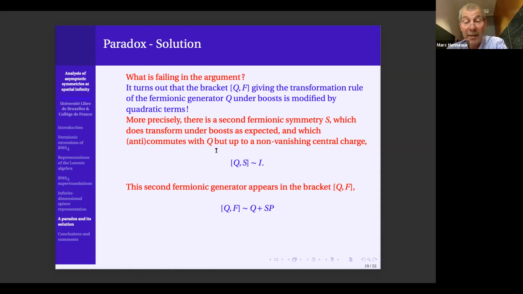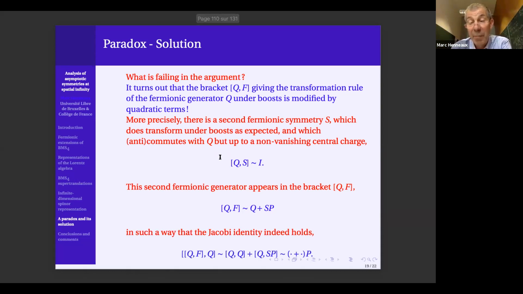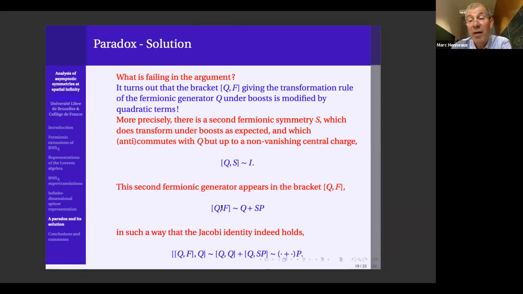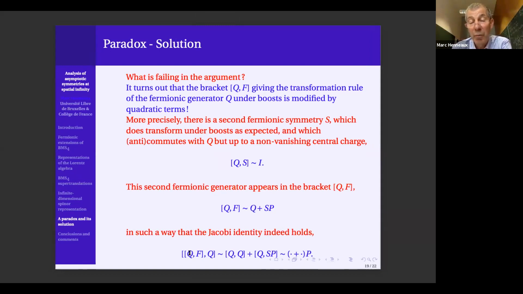But on top of that, there is this other fermionic symmetry, so you get a quadratic expression with the generators of super translations. And if you include these terms, you can verify that the Jacobi identity holds, namely, why? Because there will be extra contribution to the anti-bracket of this with Q.